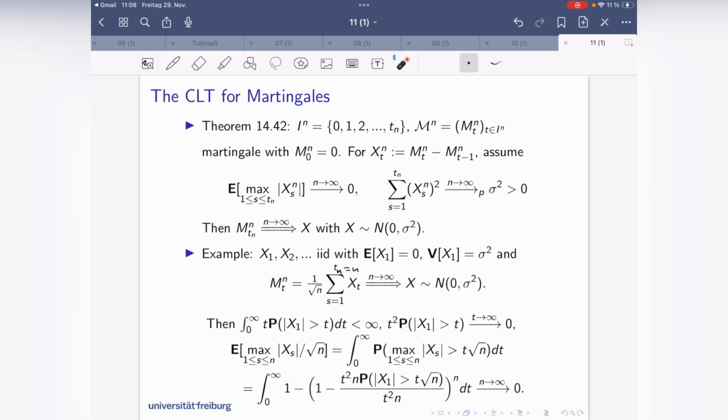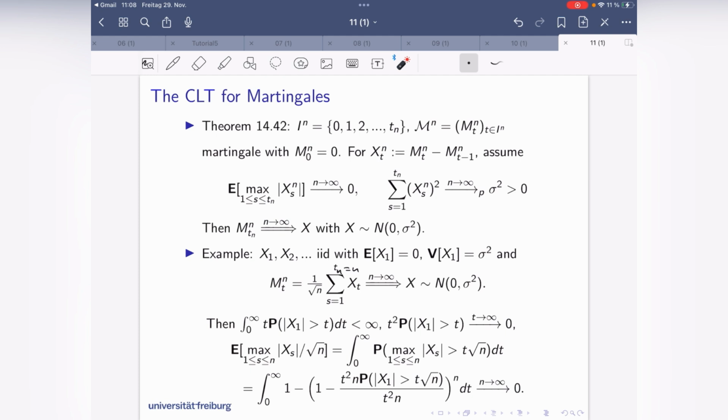The maximum is bigger than t if there is at least one which is bigger than t, which is 1 minus the probability that no random variable from X1 to Xn exceeds t times the square root of n.